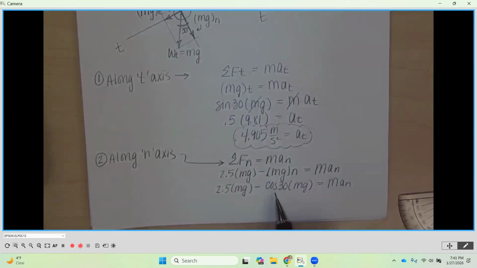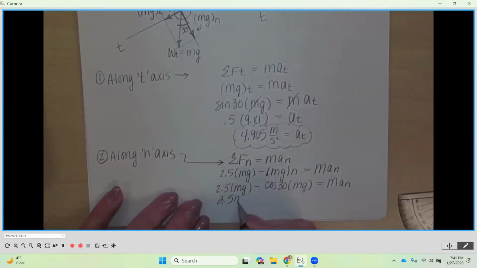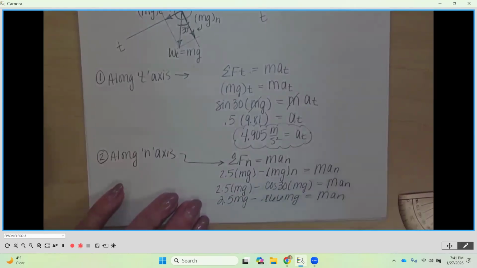Now, the decimal equivalent of cosine 30 is 0.866, right? So we're going to have 2.5 mg minus 0.866 mg is equal to m a n.